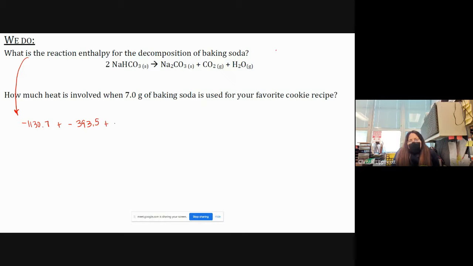Oh, I'm doing it the wrong way. Oopsies. Because you can't do NaHCO3, you can just find the numbers. No, she put it on the other side. Yes, that's what I said. Thank you, Willa.